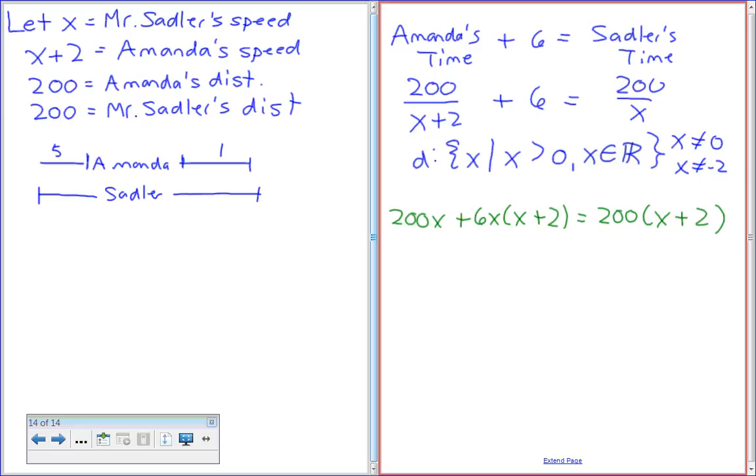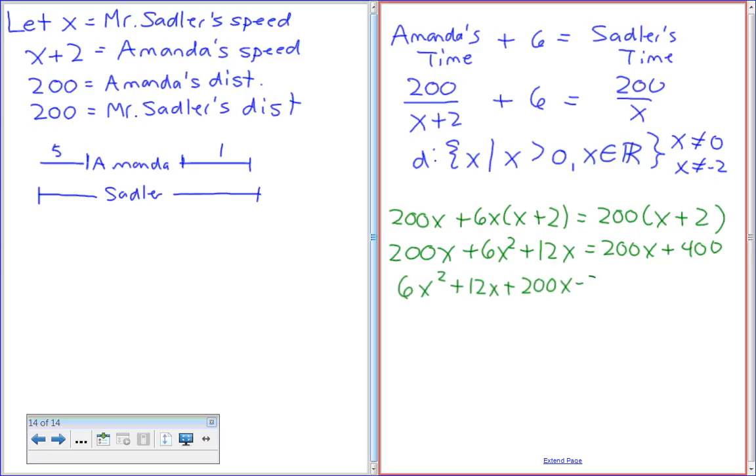Okay, so this turns into 200x plus 6x squared plus 12x equals 200x plus 400. That turns into 6x squared plus 12x plus 200x minus 200x minus 400.